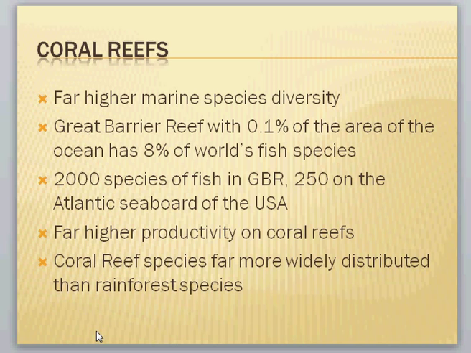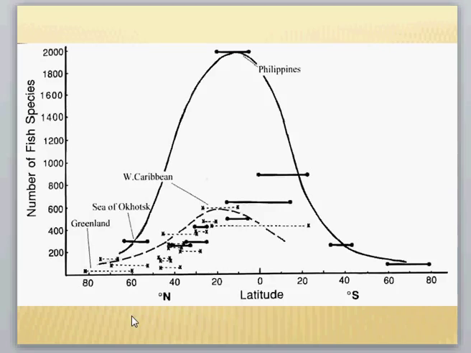Alright, to put this into context, the number of fish species versus latitude can be seen here. These are the ranges of diversity in different places. The Philippines ranges over, say, about 10 degrees of latitude, and they have the highest number of fish species. The Western Caribbean ranges also over about 10 degrees of latitude, and they have about 600.